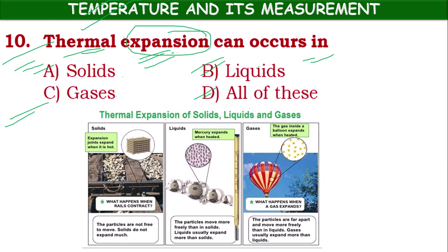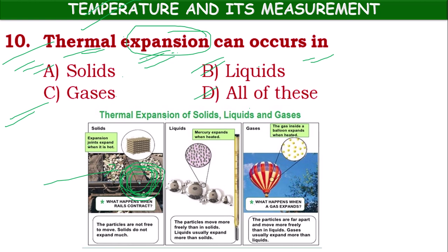You can observe here, in the first diagram, they have given the picture of a railway line. There, the gap between the rails, here they are closed. They are already closed. Here, what happens when rails contract? One minute, children.